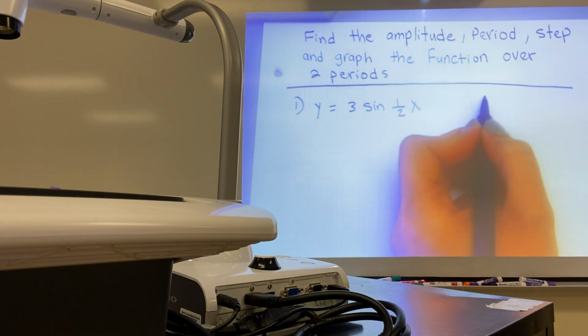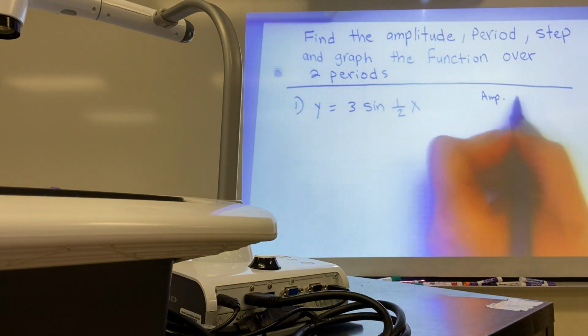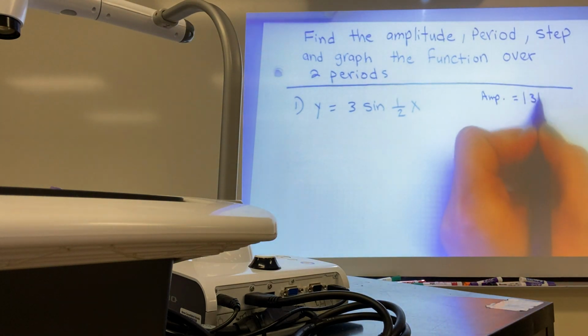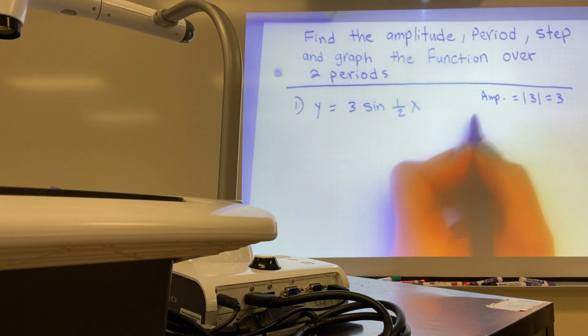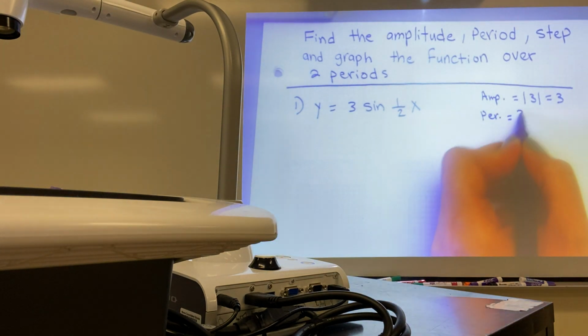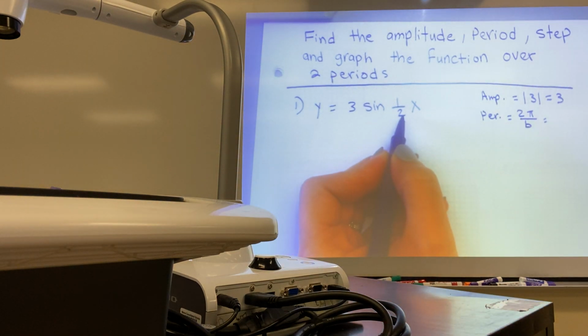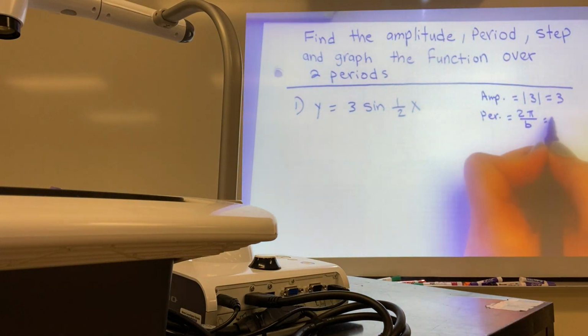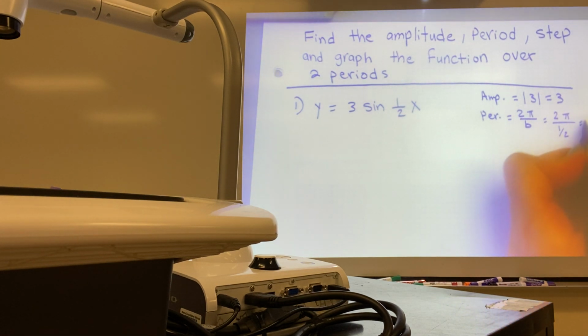So we will say the amplitude is the absolute value of 3, which is 3. Period is 2 pi over b. b is 1/2, right? So this will be 2 pi divided by 1/2, and that will be 4 pi.